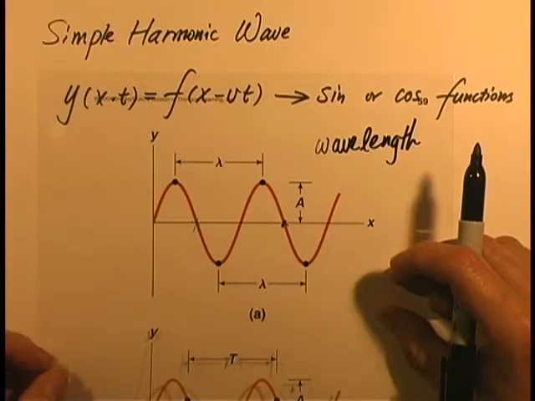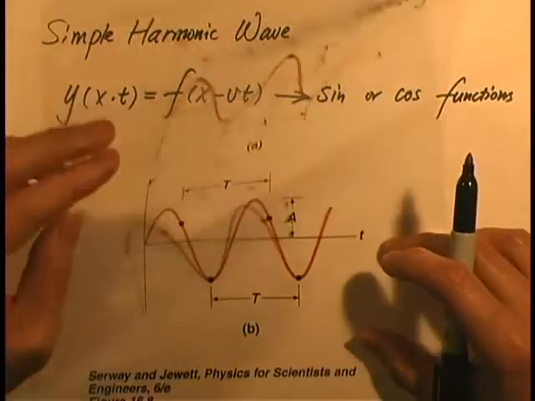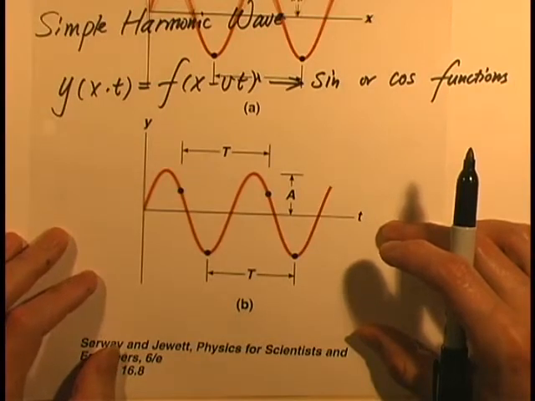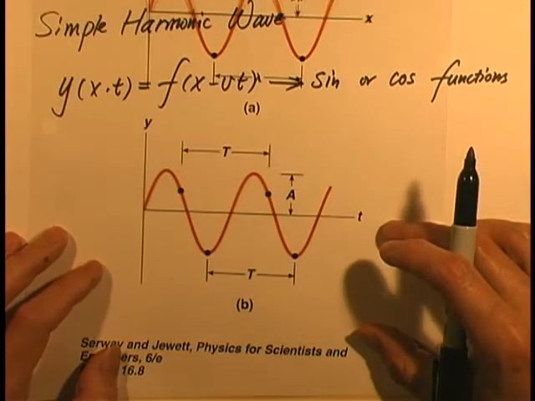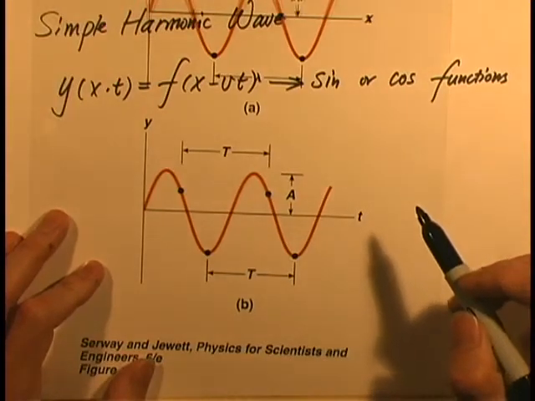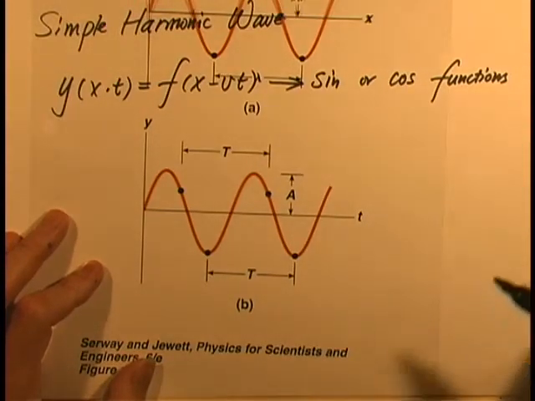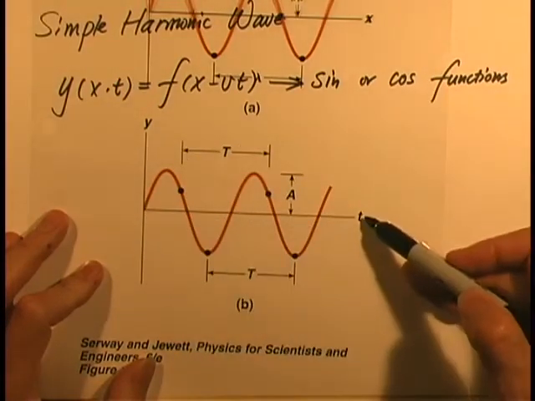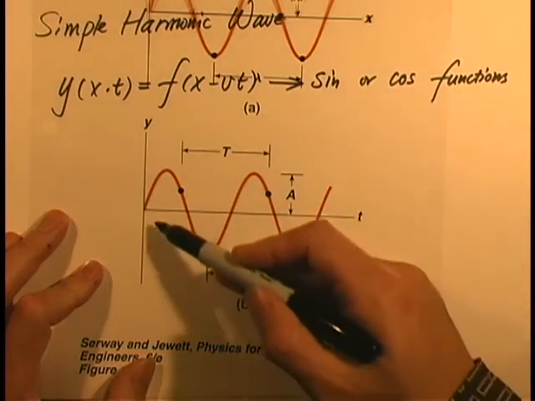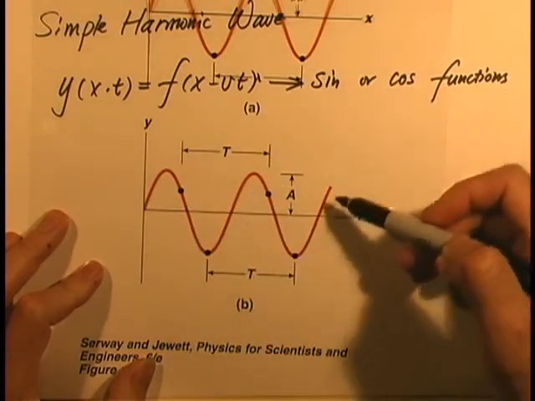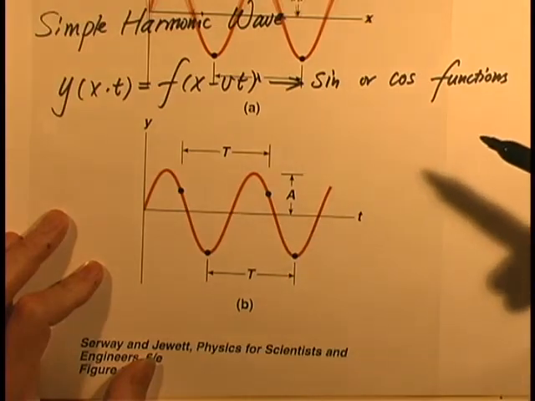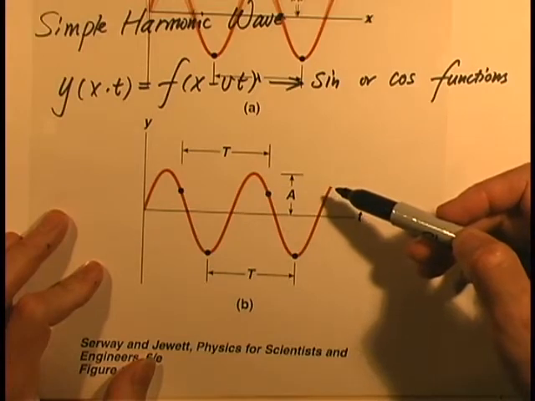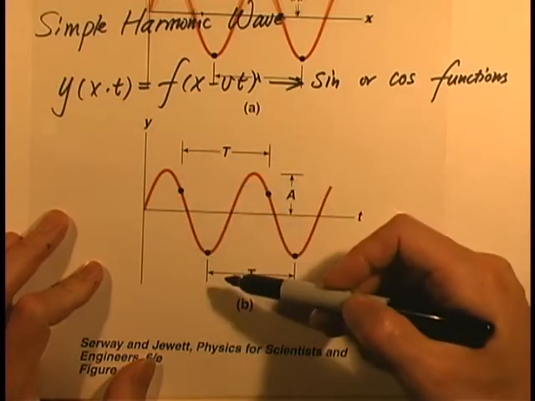Now if you focus your attention on one particular particle in the wave, not taking a snapshot of the whole string at one moment, but giving it some time, and then you plot the displacement of that particle over time, not over x, then you find that this particle, which represents also other particles because they have very similar motions, executes a simple harmonic motion, going up and down over time.